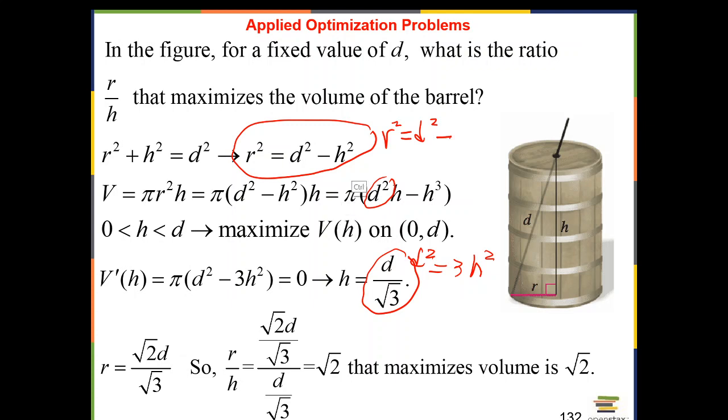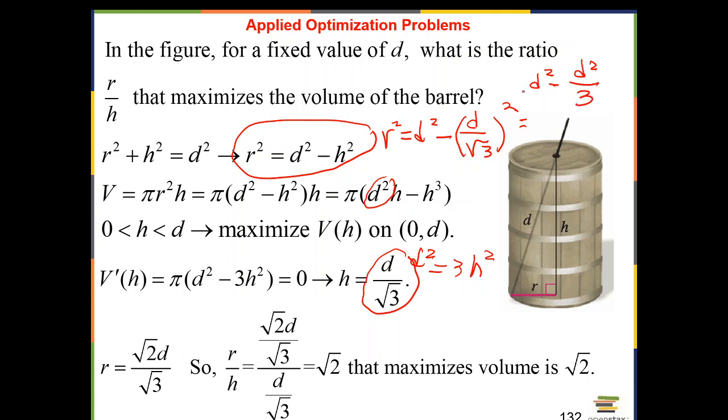Minus h, and h is this, d divided by square root of 3, squared, right? So now we have d squared, and square root of 3 squared is 3. So it would be d squared minus d squared over 3.